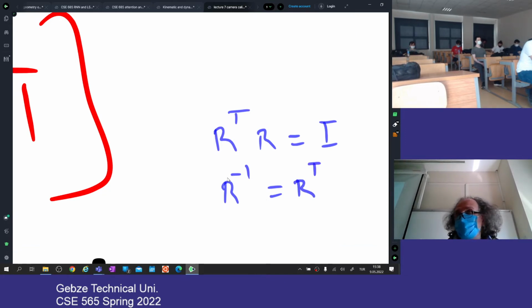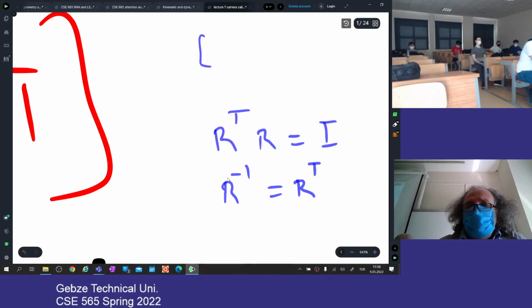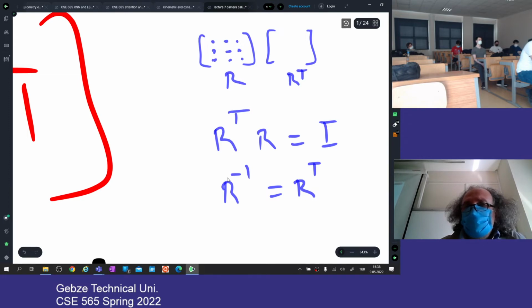That's something that we are going to use all the time when we do the camera calibration. So don't forget about it. And if you think about it, R is a 3 by 3 matrix, right? 1, 2, 3 numbers, and 3 numbers here. And let's say this is R, let's say this is R transpose. Again, maybe I should do it this way.